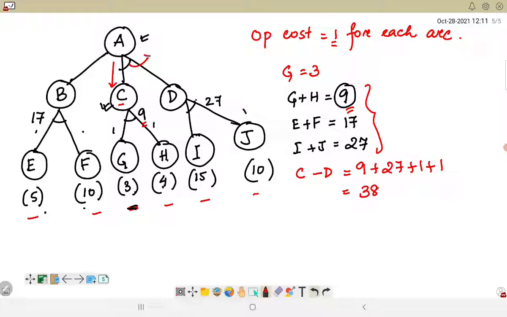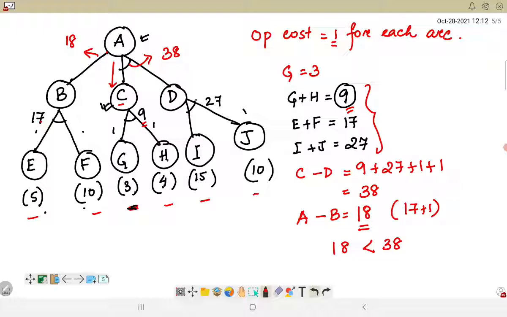Whereas if I am considering the other arc, which is through B, I am getting the value as 18, because 17 is already here, 17 plus 1, 18. So if I am considering A, B, the value is 18. So 18 is far less than 38.